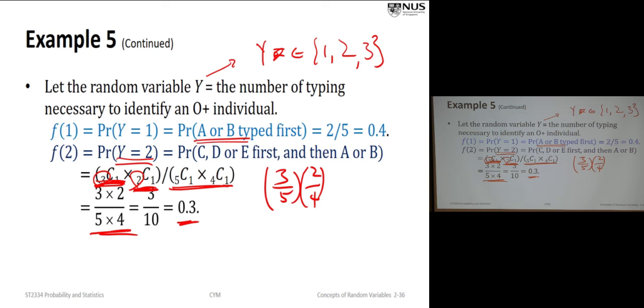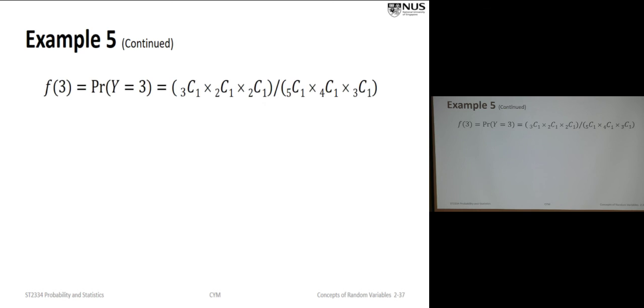Do we have F3? Huh? Of course we have F3. We can have the first 3 are non-O plus. So this is the counting method. If I use the conditional probability, it will be the first one is non-O plus, 3 of them out of 5. After I select one non-O plus, left with 4. Out of this, how many non-O plus are there? 2. All right? Now these 2 refer to non-O plus.